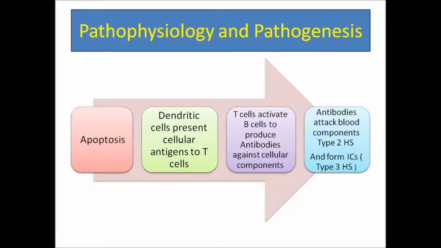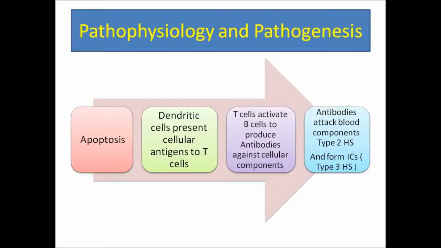So we can see that in the pathogenesis of SLE, complement deficiency plays a major role. The innate immune system by the dendritic cells plays a major role, and the humoral immune system by B cells plays a major role. So we have complement deficiency, we have activity of the innate immune system, and we have activity of the humoral immune system, the adaptive immune system.